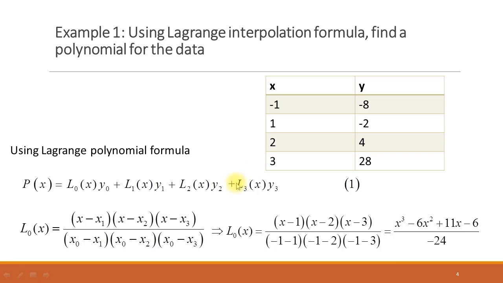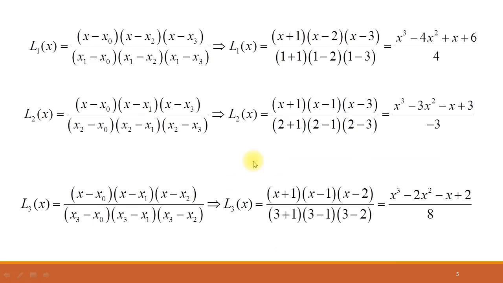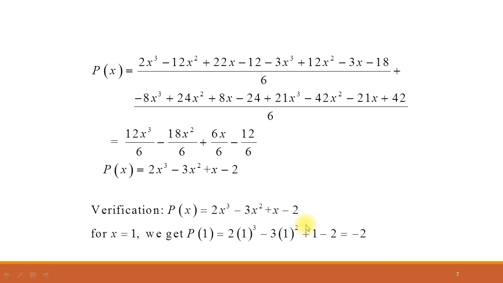If we put x is equal to 1.5 in this polynomial, we get a new value of y, and this is actually called the interpolation polynomial. And this polynomial is the polynomial which we obtain by using the Lagrange interpolation formula.